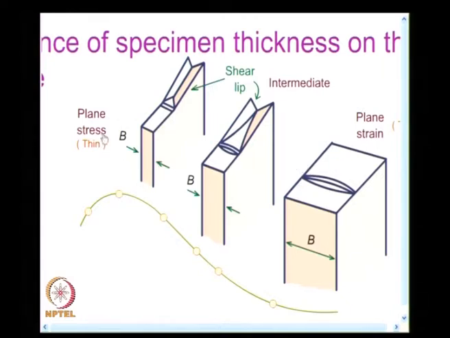For thin panels, we will see how to do plane stress fracture toughness testing. So, essentially when you do not know what should be the thickness, you will be hovering in this zone. The thickness is not sufficiently large to have a plane strain situation, it may be having an intermediate value.